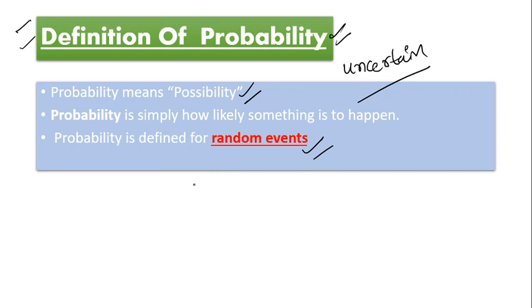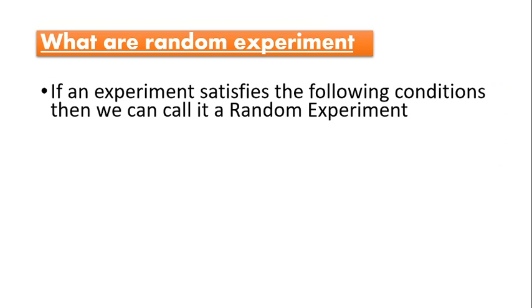So firstly, we will discuss what are random events. What is a random experiment? If an experiment follows some specific conditions, then we can call it a random experiment. So what are these conditions?